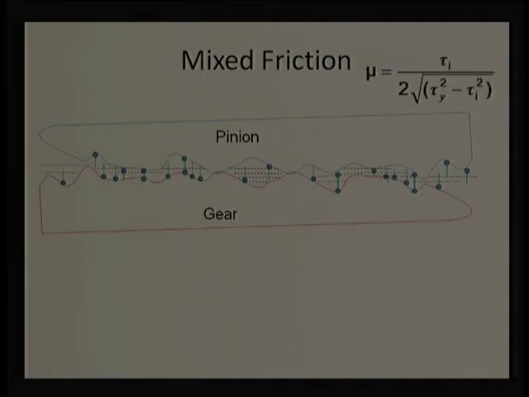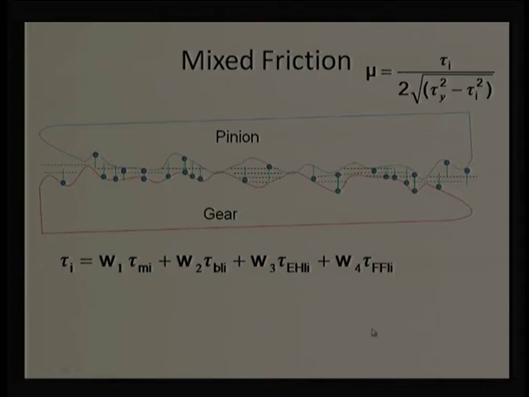We can say this is mu, the coefficient of friction. We are using the same relation which we showed in the previous slide, but this tau I can be calculated as a weighted summation of different shear strengths: the shear strength of the metal interface, shear strength of the bonded lubricant interface, shear strength of the elasto-hydrodynamic lubrication mechanism, and shear strength of fluid film lubrication.